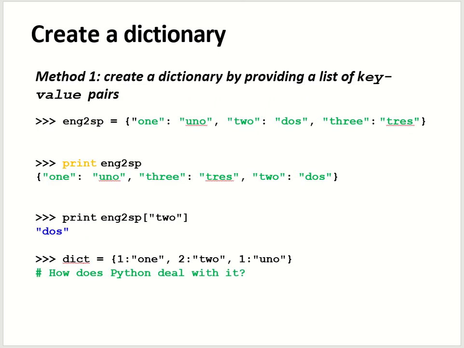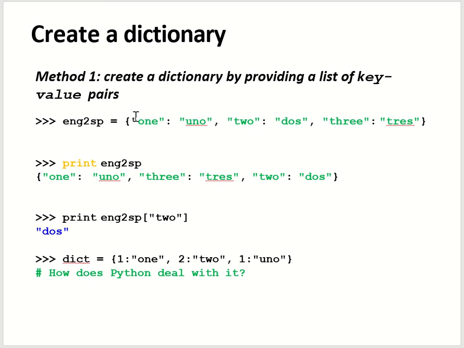There are two ways to create a dictionary. One is to simply assign it values. So you would type it in here. Here a variable called eng to sp, English to Spanish, is being assigned a value of a dictionary with 3 items, so 3 pairs.